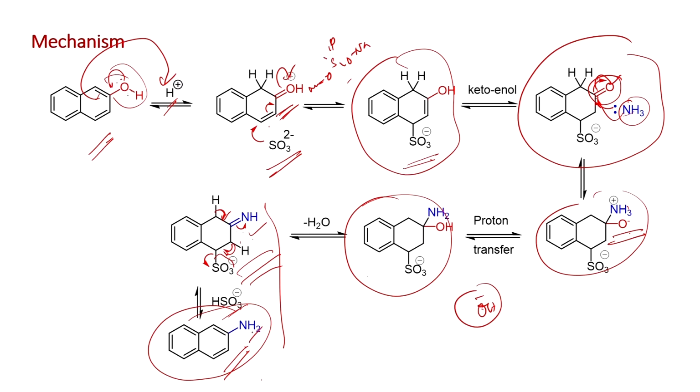If you use potassium hydroxide, you will be able to get, for example, if you have beta naphthol, you can use the same condition, aqueous sodium sulfite. Suppose if you use ammonia, you get this compound.